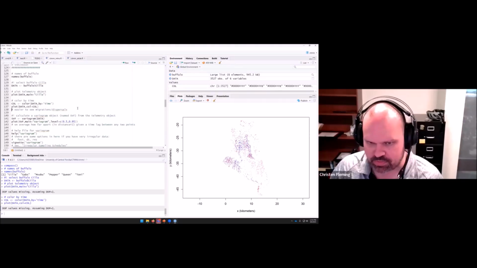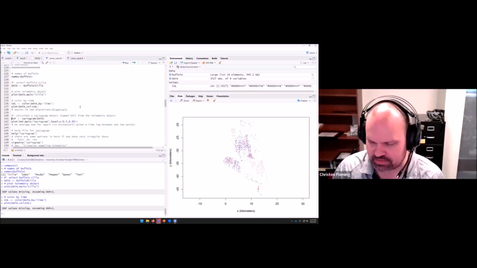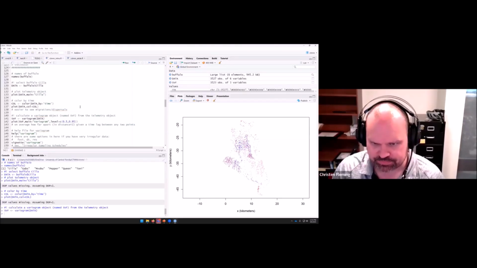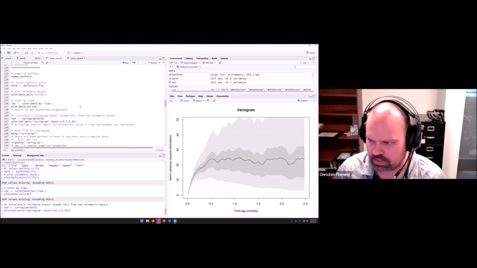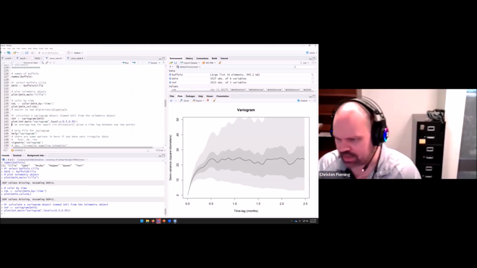Here we're going to do home range analysis today, so those would not be good data for that. And now we're going to calculate this semivariance function. On the x-axis is time lag.